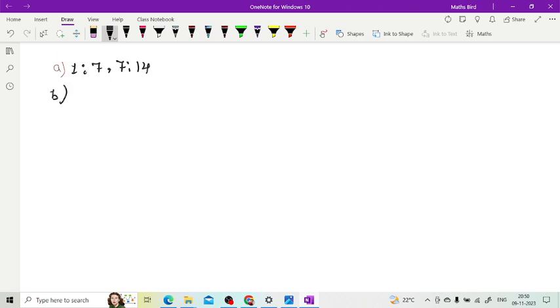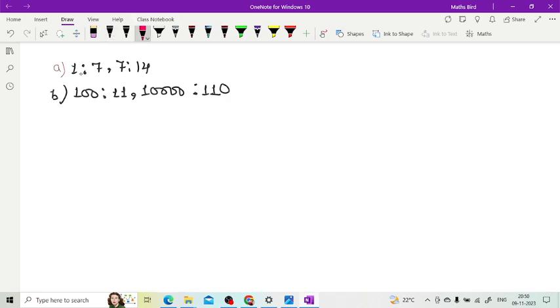B part is 100 ratio 11, comma 10,000 ratio this, right? So check whether the given ratios are equivalent or not.